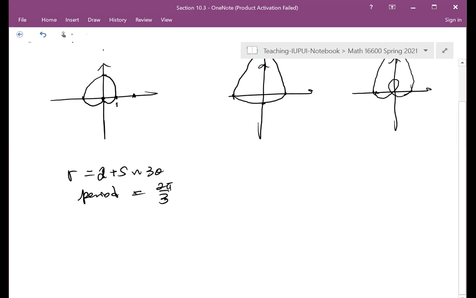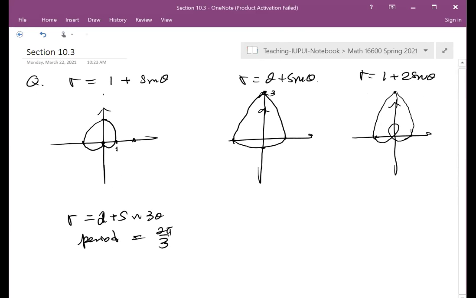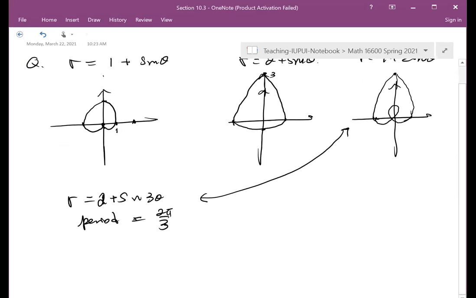This is similar, and I don't even need to choose special values to choose points, because I already know the corresponding picture. Actually it's not even similar, because the second part, sine theta, changed.